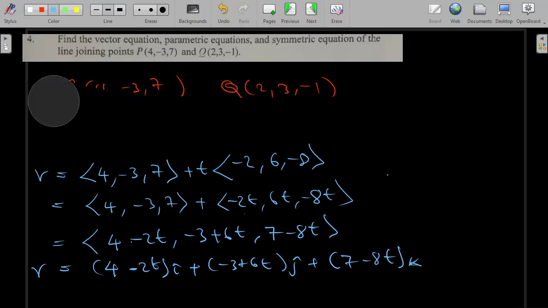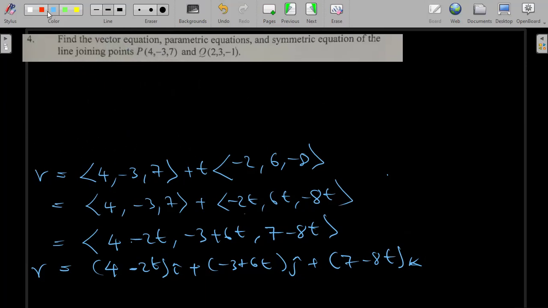From my vector equation, I'm going to get my other parts, which are my parametric and symmetric equations. The parametric equation is just written as the components x, y, and z. So x equals 4 minus 2t.